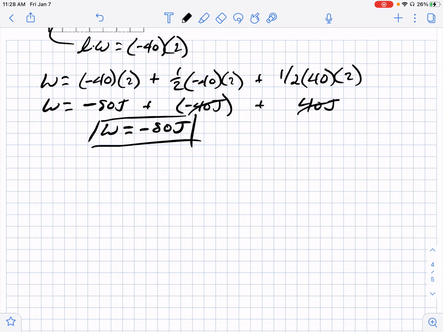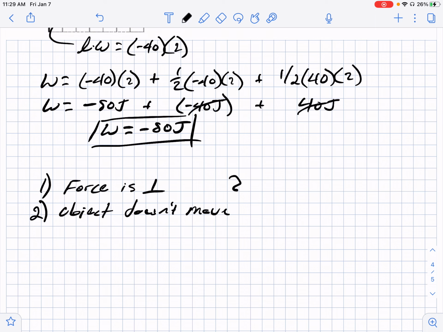Those two scenarios are when the force is perpendicular and when the object doesn't move. So in these two situations, there is a force, but there's no work.